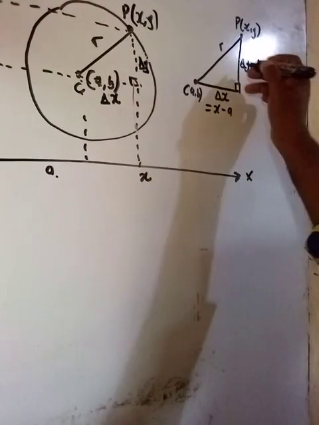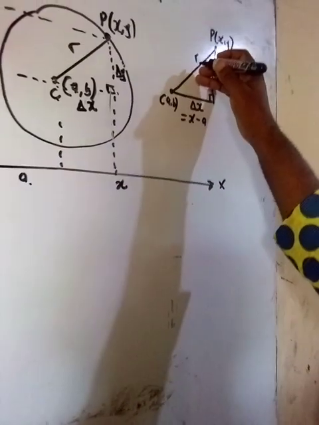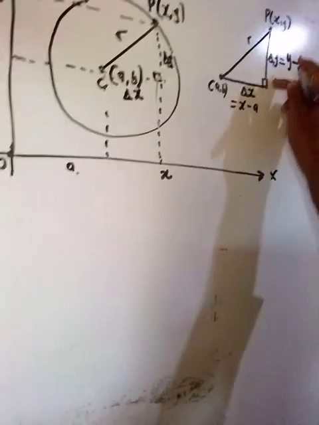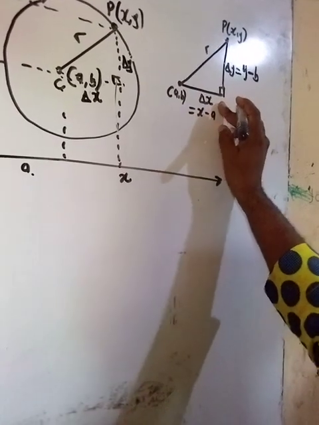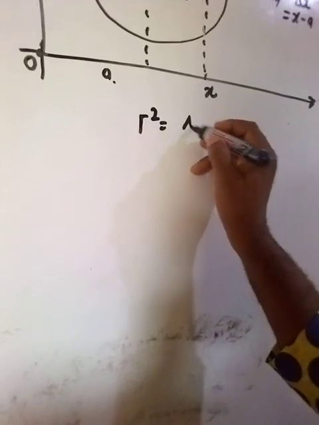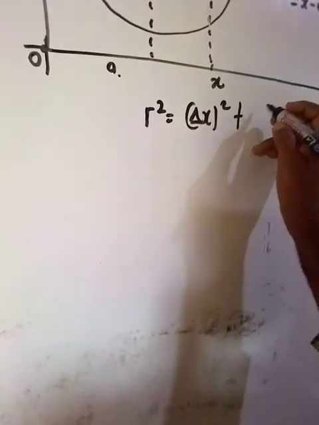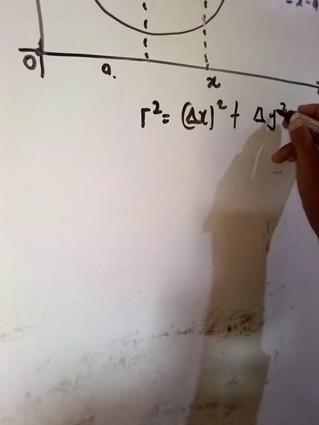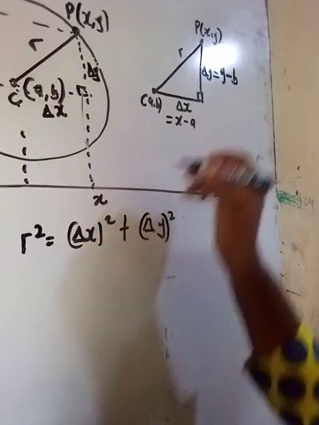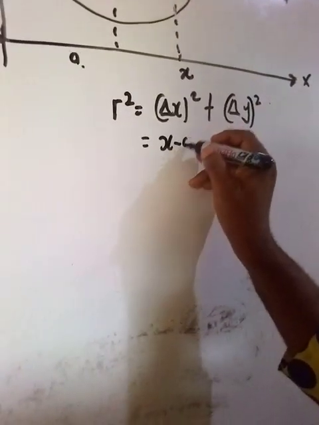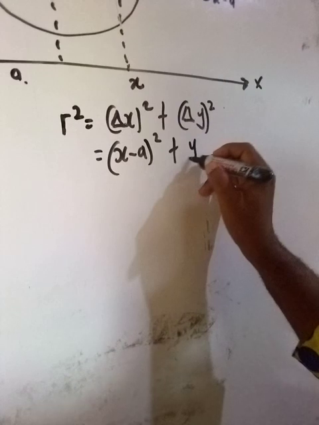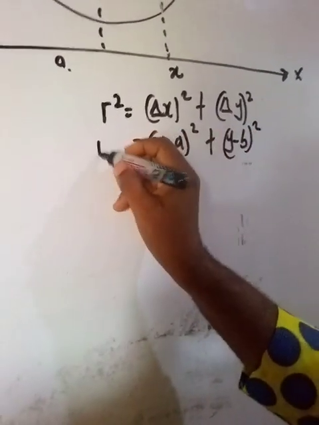Now, using what is called Pythagoras theorem, which says that the square of the hypotenuse is the sum of the squares of the height and the base of a right angle triangle, I can write r squared as the change in x squared plus the change in y squared. So I have (x minus a) squared plus (y minus b) squared, and I now have r squared.